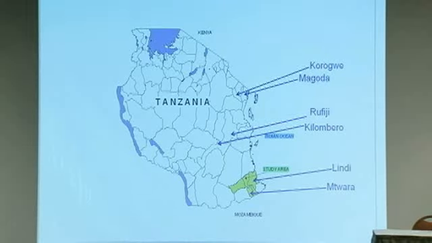If we look at how it varies within the country itself, I'm going to compare it with similar studies in the central areas of Rufiji and Kilombero and the northern sites in Korogwe and Magoda. Now, in the north, in Korogwe and Magoda, that's where the first reports of serious SP clinical failure came from, back during 1995.